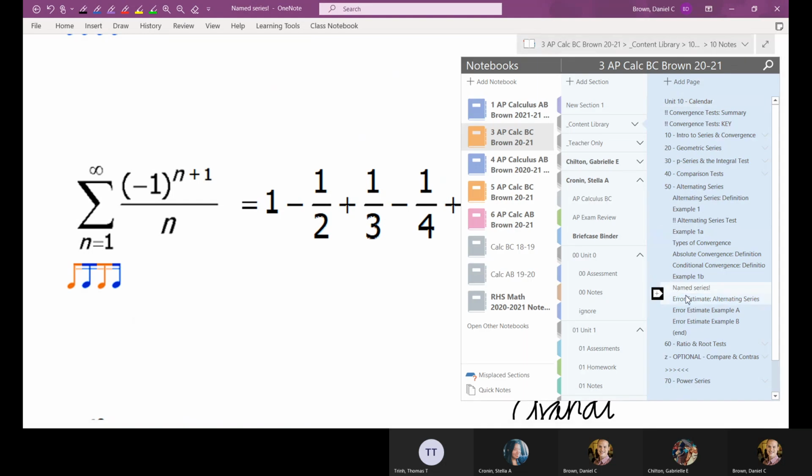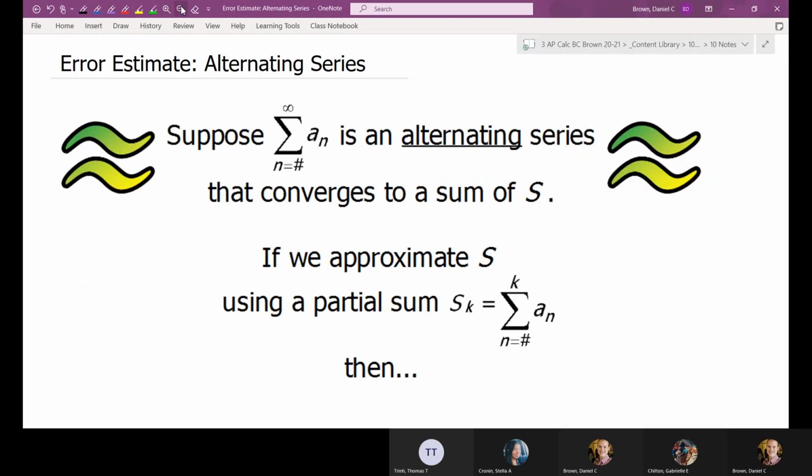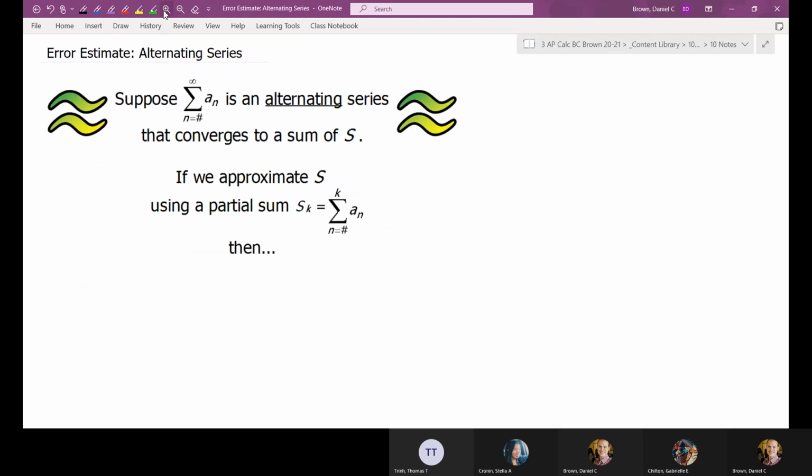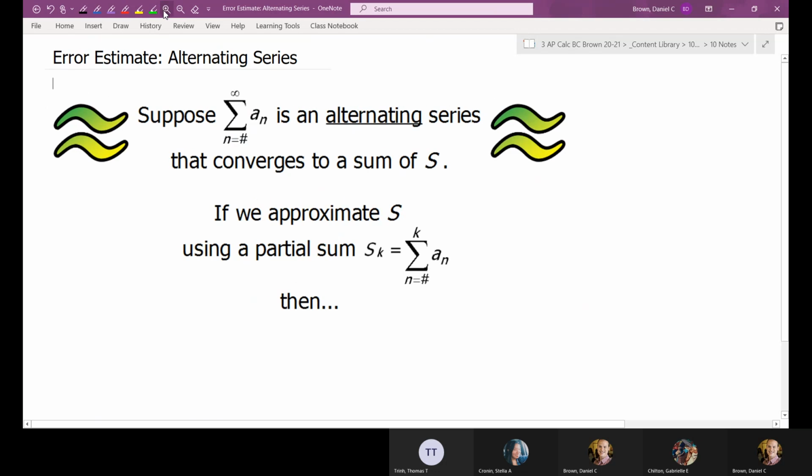Last thing we have with the alternating series is something called the alternating series error bound. College Board loves this type of question, and I'm going to show you two different ways that they often ask it. And this goes back to, Sam, your question you asked earlier. For us, the only series that we have a formula to find what it actually adds up to is the geometric series. It's the initial term over 1 minus r.